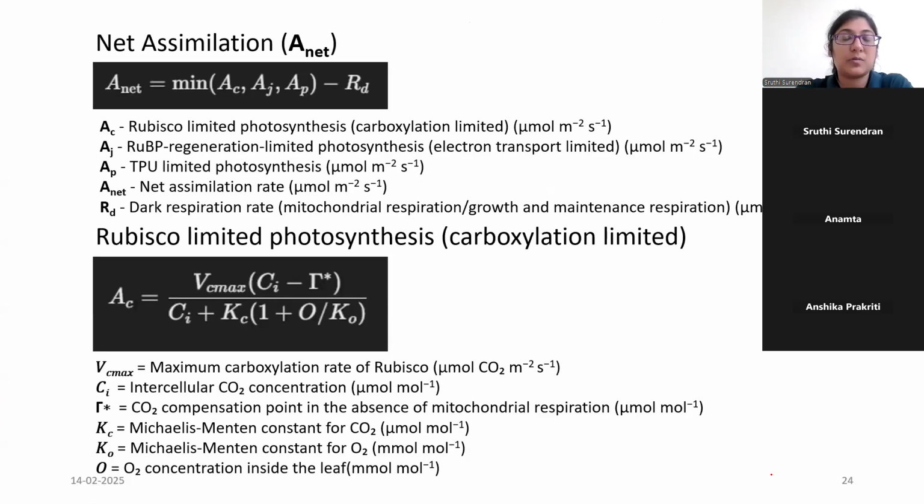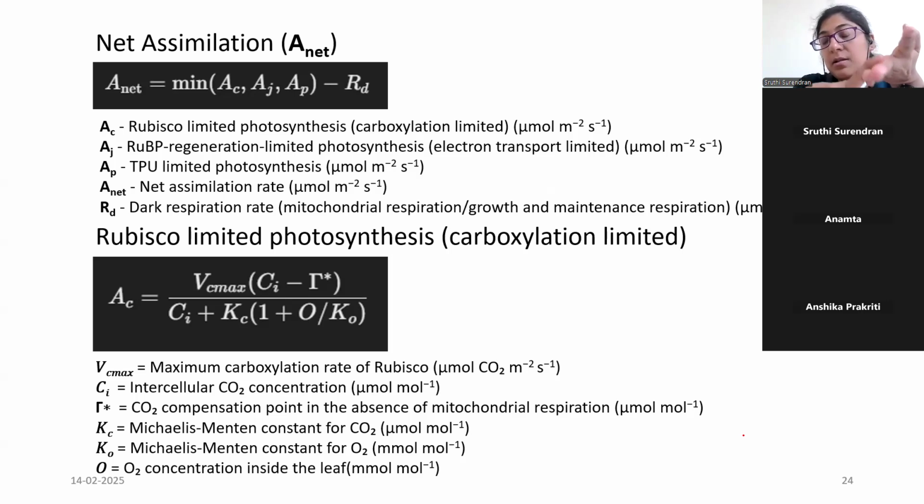Now, the Farquhar, von Caemmerer, Berry model is not just one equation. There are a lot of equations that take into consideration all of these processes. So we will go into how these processes are being represented, or what the parameters are that are used in defining this carboxylation rate. What is the parameter used for defining the RUBP regeneration?